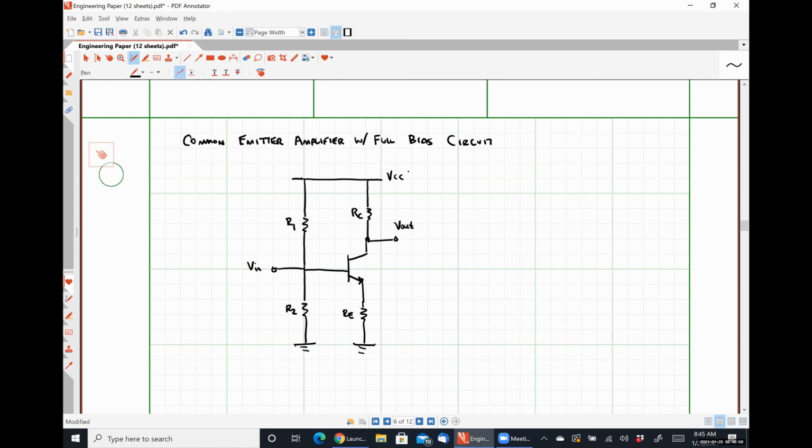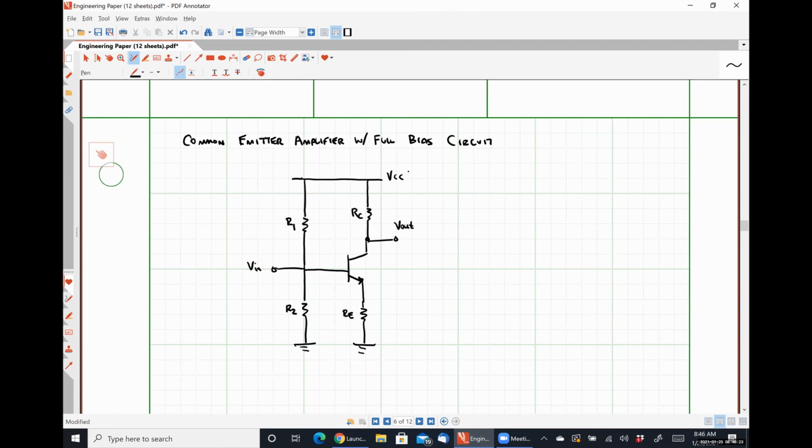So if we did not put some sinusoidal or whatever input signal there, would this be a DC circuit or an AC circuit? It's a DC, okay, right. It's a DC circuit. So we want that resistor RE to be in there for DC circuits, and we want it to be removed for AC circuits.